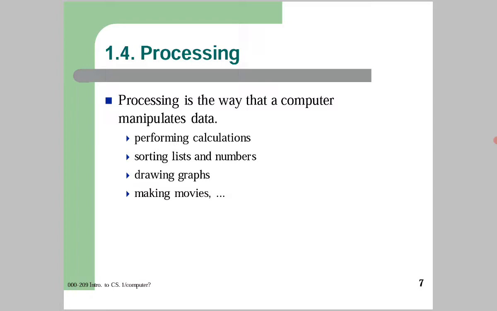Doing calculations means doing additions, subtractions, multiplications, divisions, finding coefficients, remainders, like that, and all these are called performing calculations. And other things like sorting, finding something, drawing some graphics, all these are processing, doing some work by using the CPU or central processing unit.